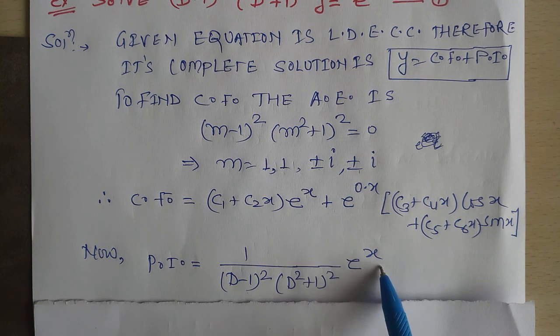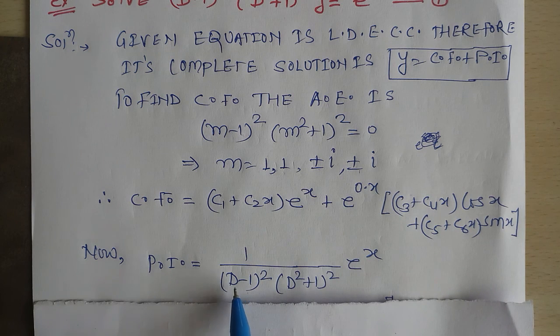Now this Q(x) is an exponential function of the type e raised to ax. Therefore to get PI we replace D by a, and a is 1. So by replacing D equal to 1, this factor becomes 0, but this factor is not 0 for D equal to 1. So first we solve this factor, and then we go for this factor.